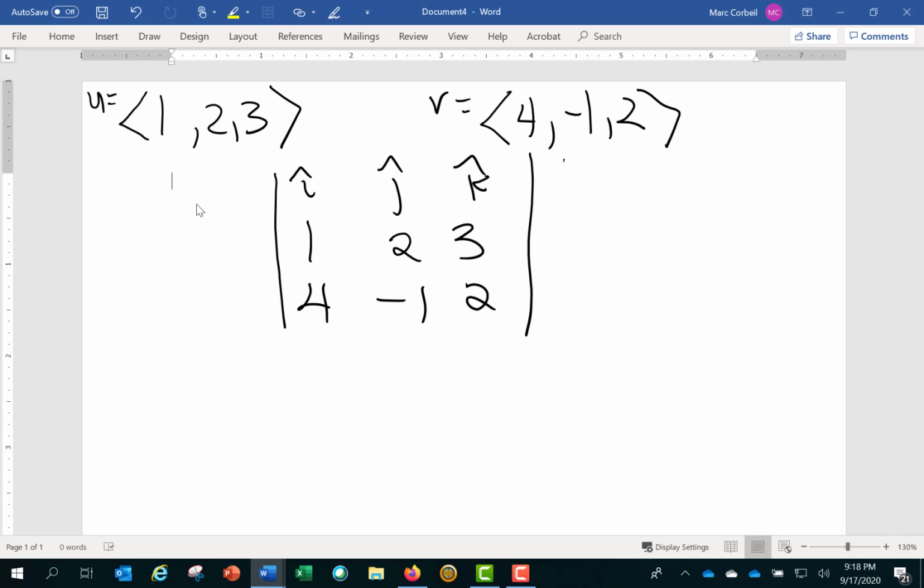Repeat my two columns, I, J. Now it's a matter of doing diagonals again.